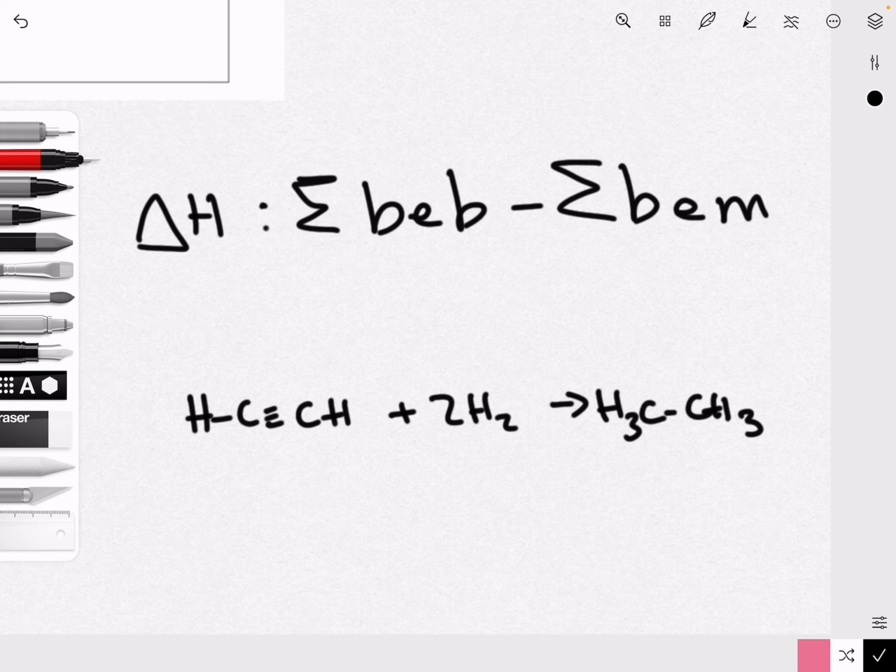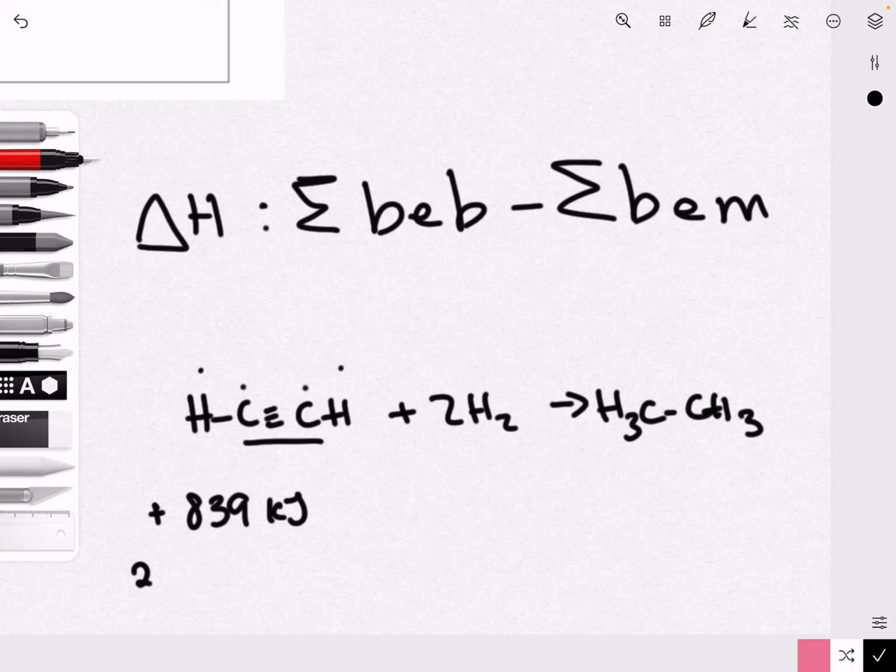the reactants. So we have one triple bond between these two carbons over here, which has a value of plus 839 kilojoules. That is how much will be absorbed. We have two carbon to hydrogen bonds over here.